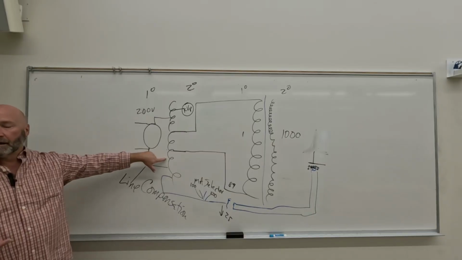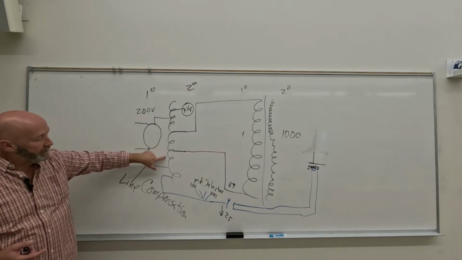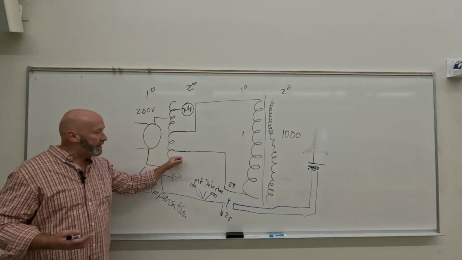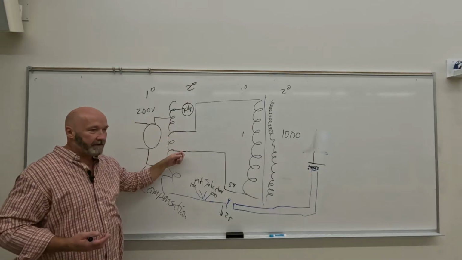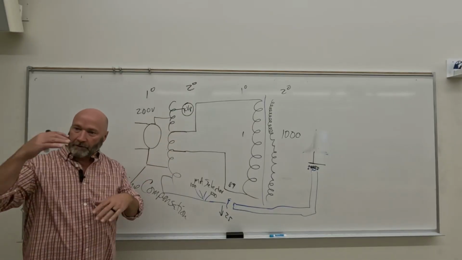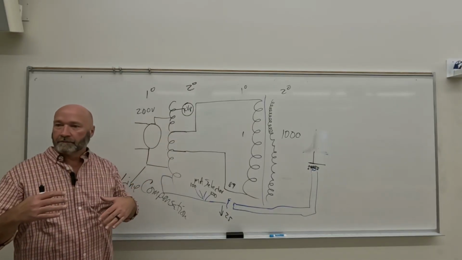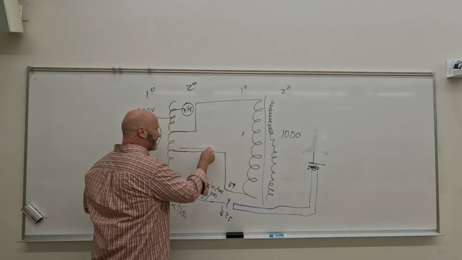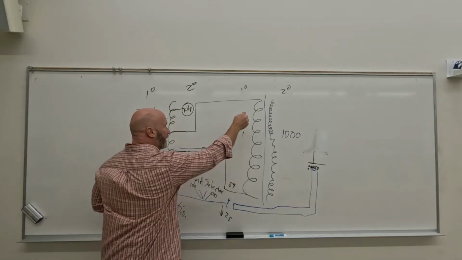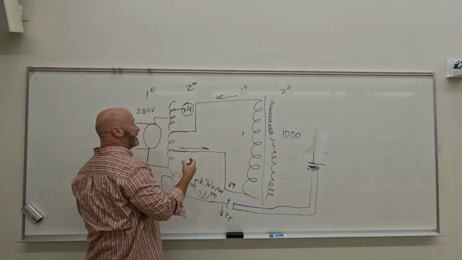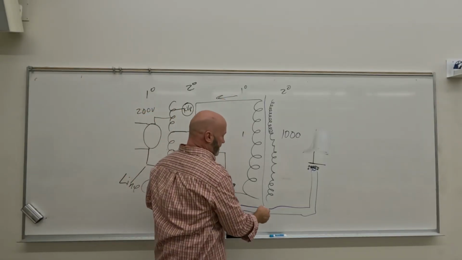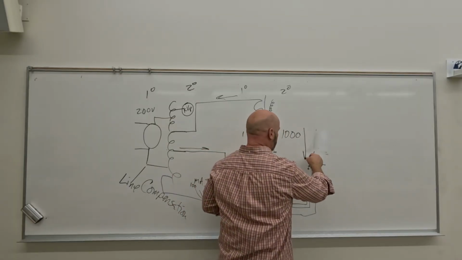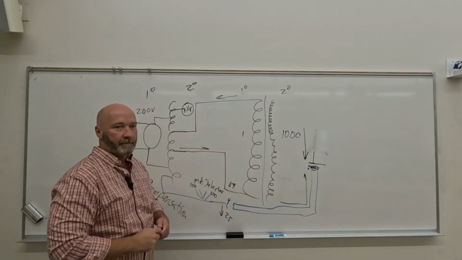We have to have alternating electric current so that we set up a changing magnetic field, so that if we tap into the secondary side of the autotransformer, we're going to increase or decrease our voltage, right? So what does alternating current do? It goes in that direction, in that direction, and then it's going to go in that direction, followed by that direction. Do you see a potential problem?